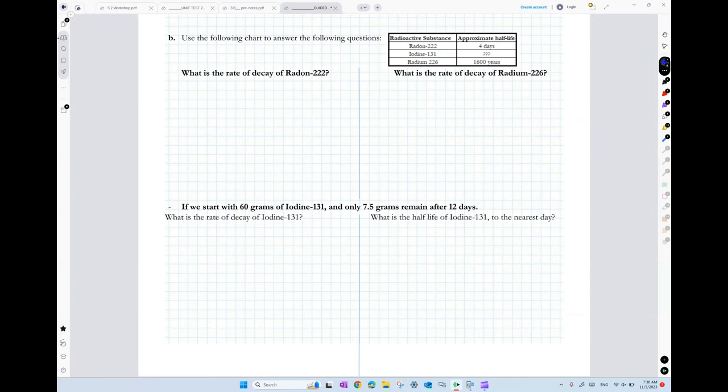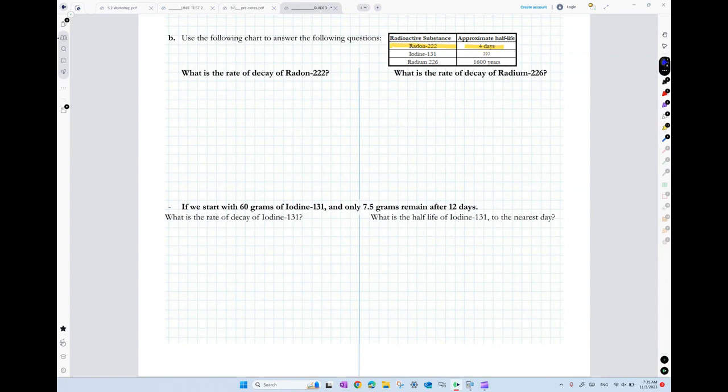For B, I'm going to use the following chart. And for this one here, I'm going to work with the radon 222, and the half-life given to me is 4 days.